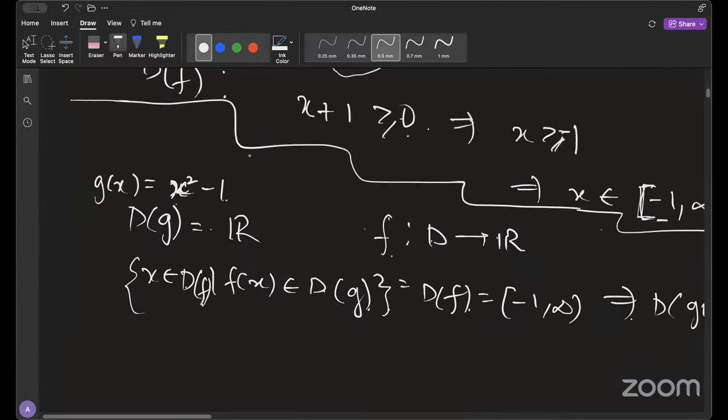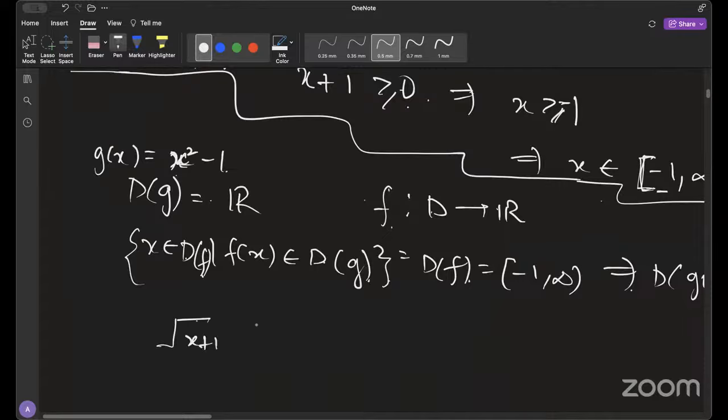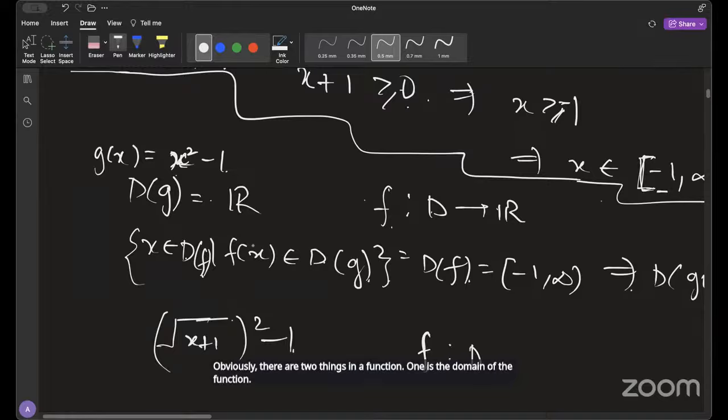The f function was square root of x plus 1 and your g is this. So this becomes square root of x plus 1 squared minus 1. But when you have a function, it means obviously there are two things in a function. One is the domain of the function.